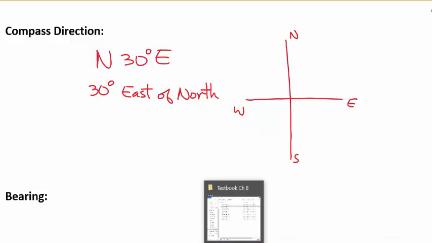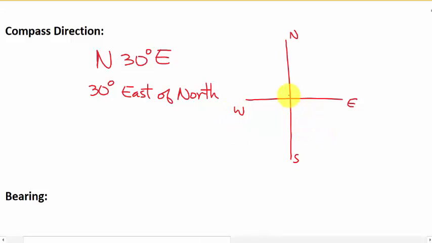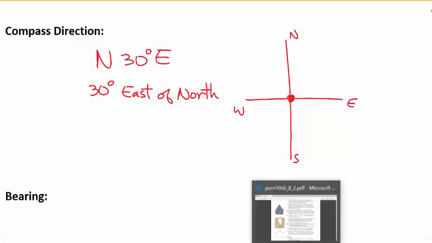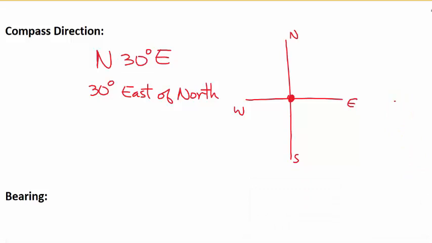Now, let's say you are starting here. You're starting at the middle. And you are going to go in this direction, north 30 east, which is 30 degrees east of north. Notice what it says, of the north line.